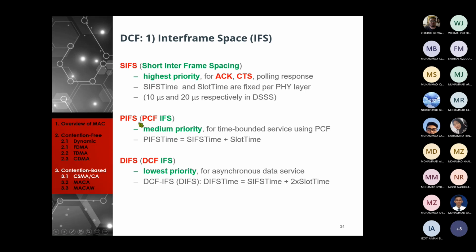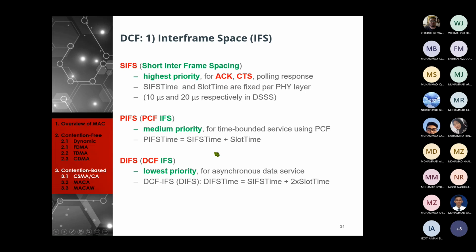And then PIFS ataupun PCF IFS. Okay. So P ni sebenarnya PCF kan? Kalau D pula DCF IFS. Medium priority for time bounded service using PCF. So PIFS time sama dengan SIFS time plus slot time.